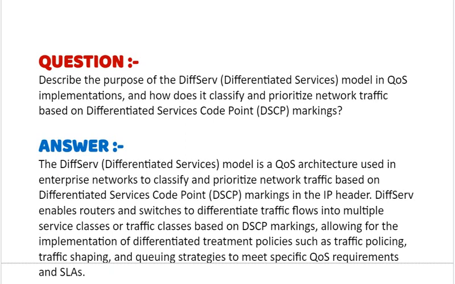Your answer should be: the DiffServ differentiated services model is a QoS architecture used in enterprise networks to classify and prioritize network traffic based on differentiated services code point DSCP markings in the IP header.